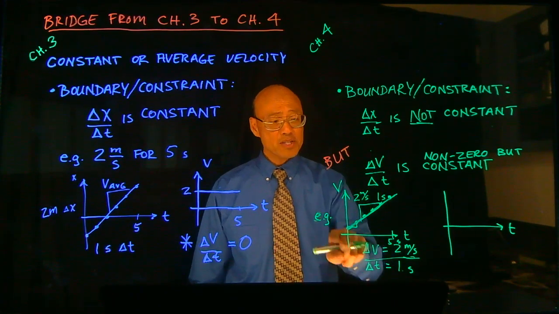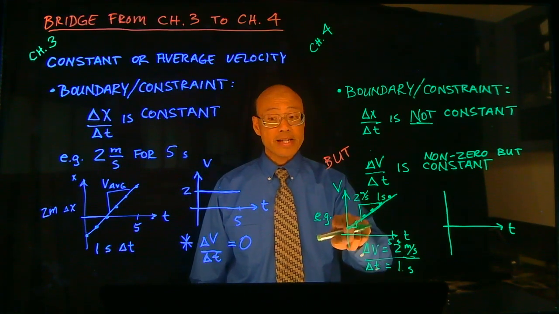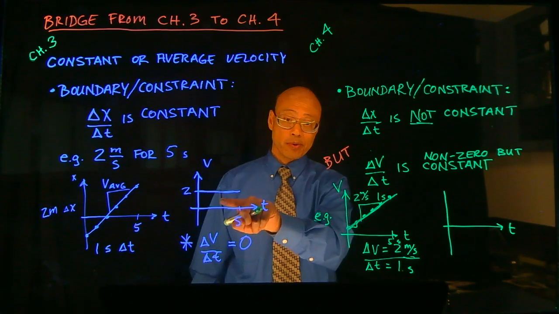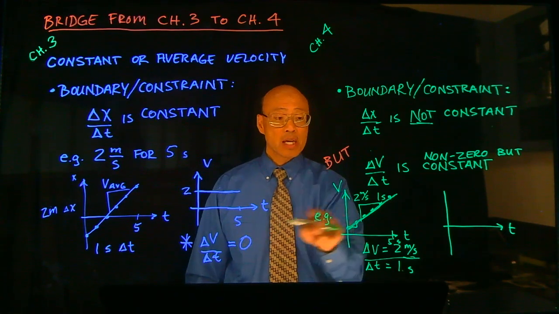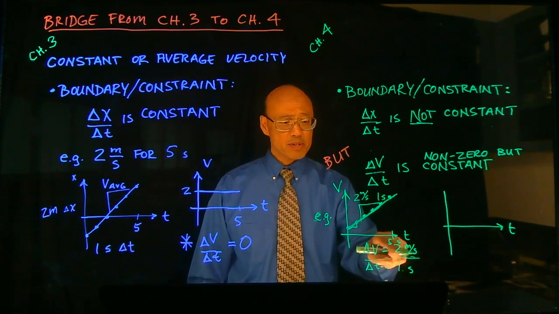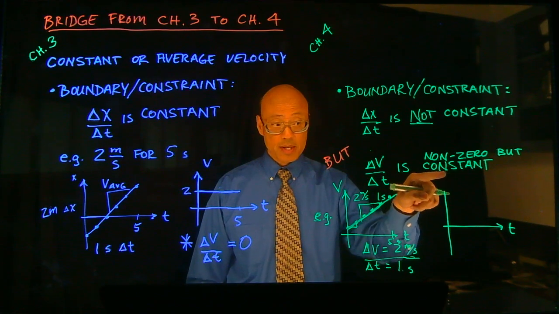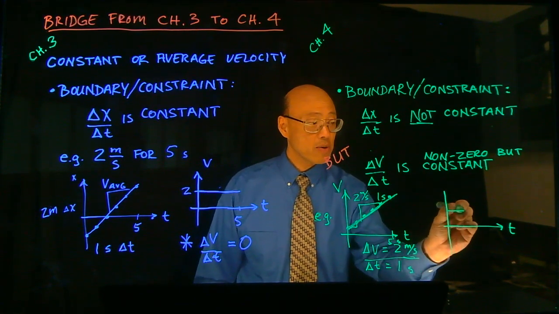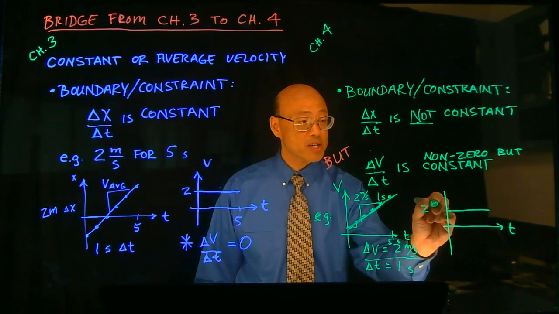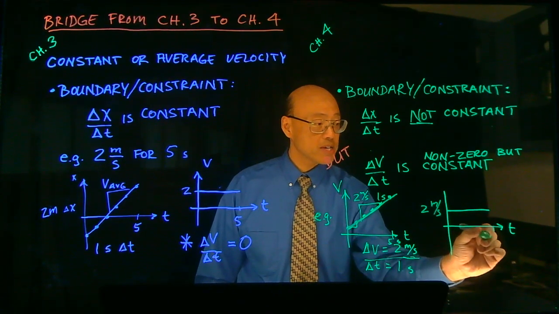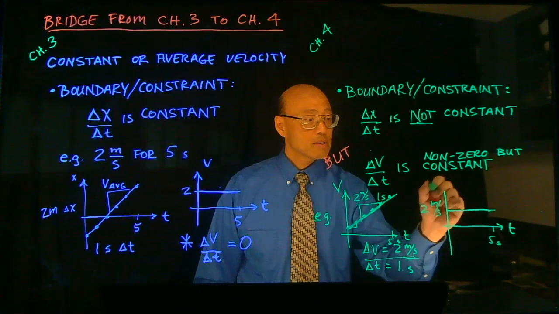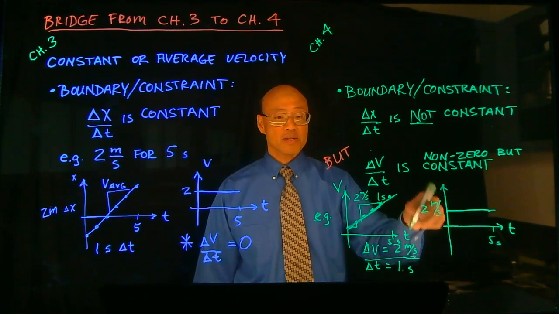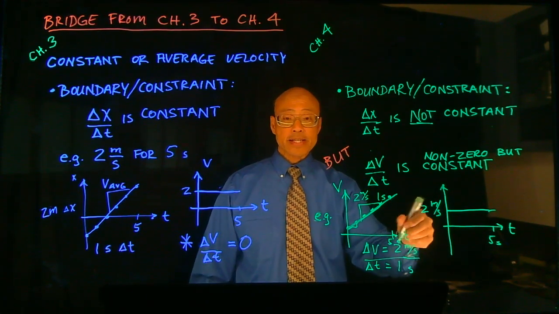Well, if I have a velocity time graph and it's not boring, this one's boring, ho-hum, the slope is 0. This one's not boring. I have a number, but it's constant. That means if I graph the slope of this line, now I get 2 meters per second for the whole 5 seconds. The question now is, what is the vertical axis?